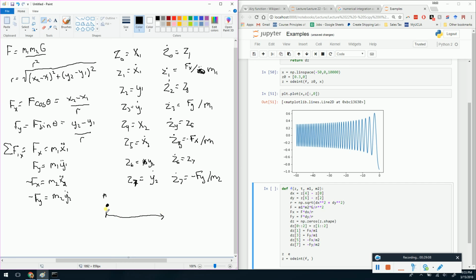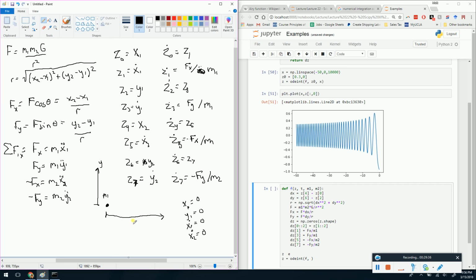All right, and so it'll be at 0, 0. So x1 will start out at 0. y1 will also be 0. Let's have it fixed to begin with. x1 dot is initially going to be 0, and y1 dot is also initially going to be 0.